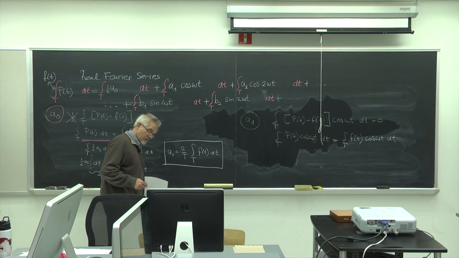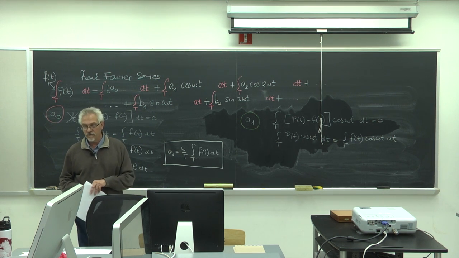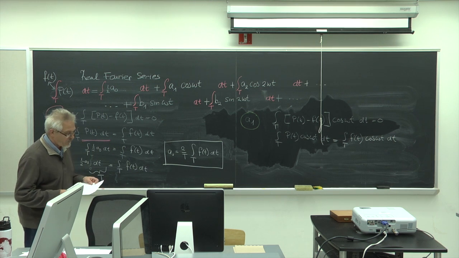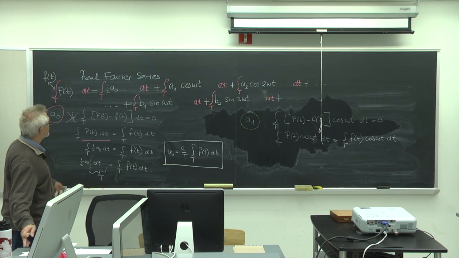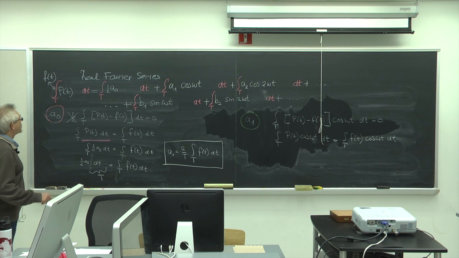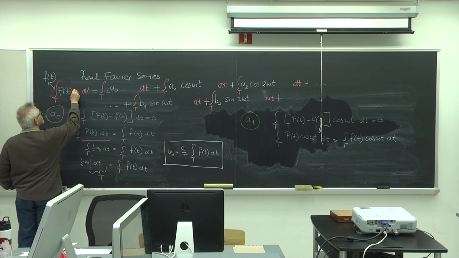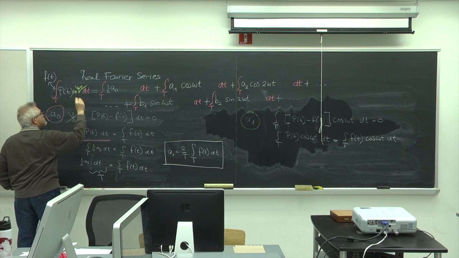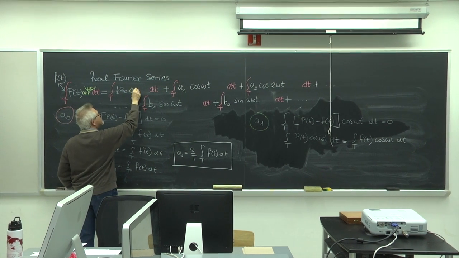So now we are going to do the same thing we did for a naught. We are going to look at our function here, and I'll look at this. I should have left a little more space there.